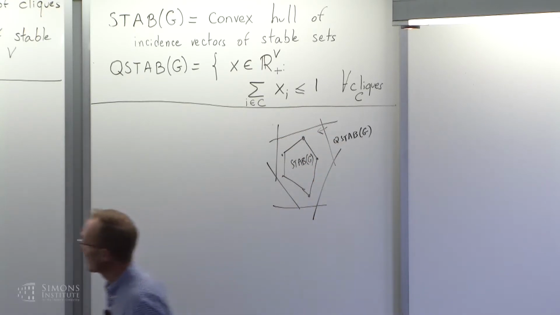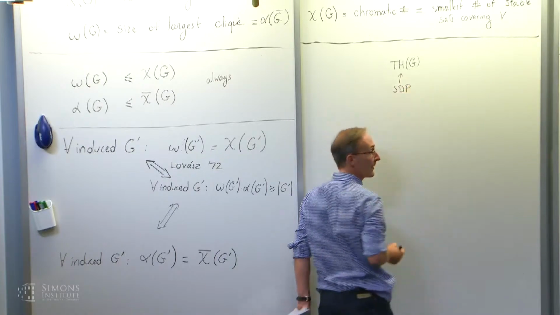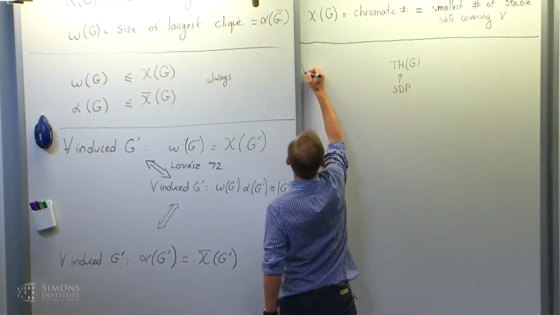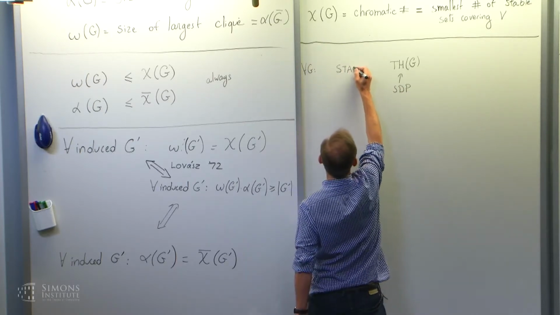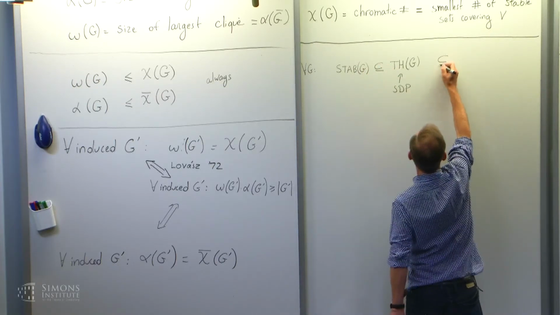And so yesterday I introduced an SDP, the theta body, that for any graph is sandwiched between stab and Q stab.